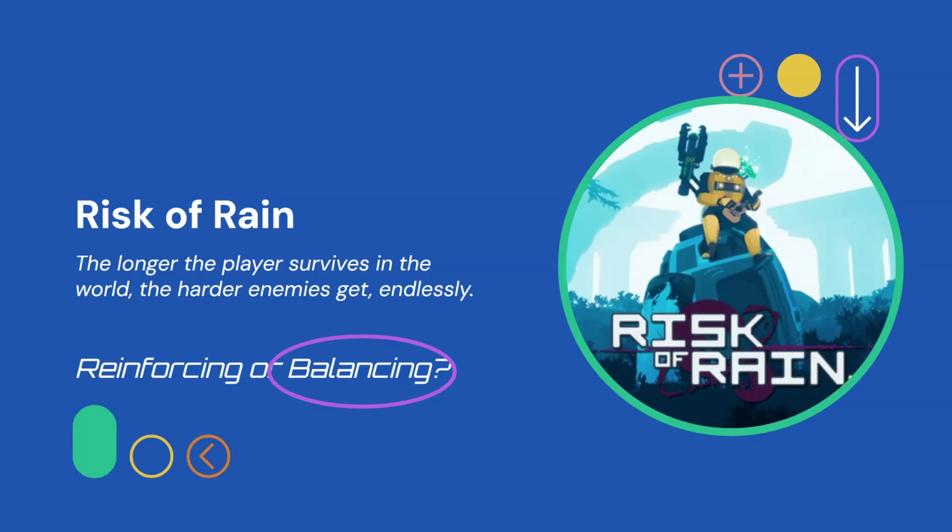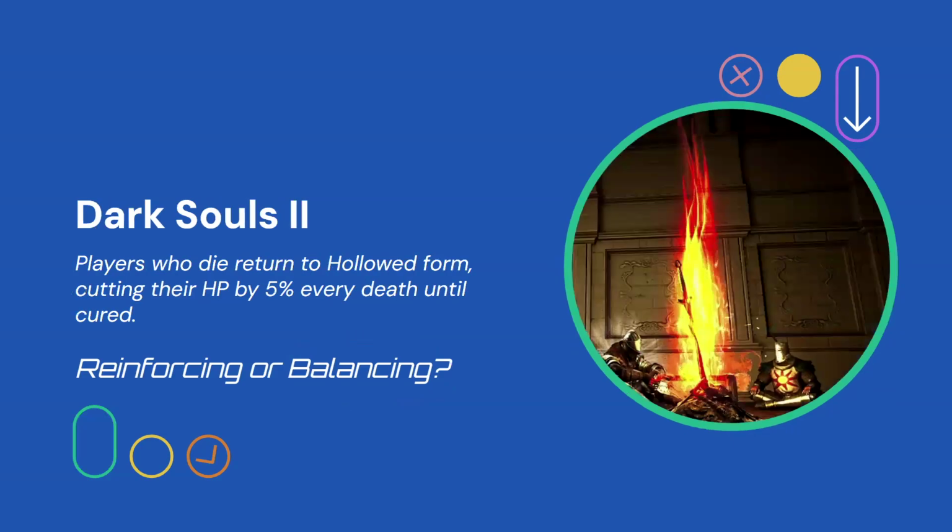Okay, then what about the next one? Dark Souls 2. What do you guys think? Specifically Dark Souls 2 for some reason. I like Dark Souls too. It might be reinforcing. That's correct.